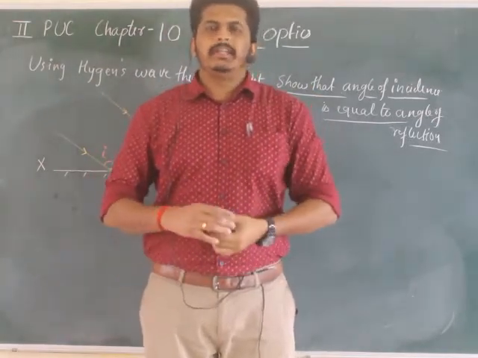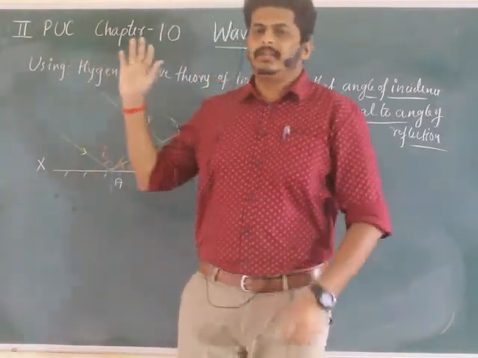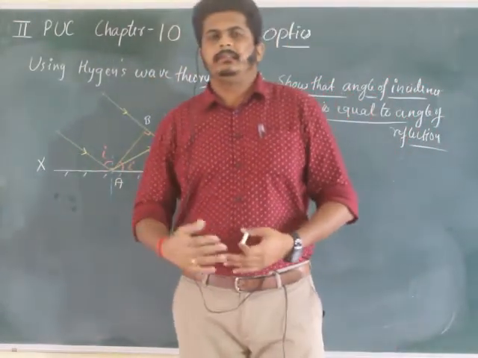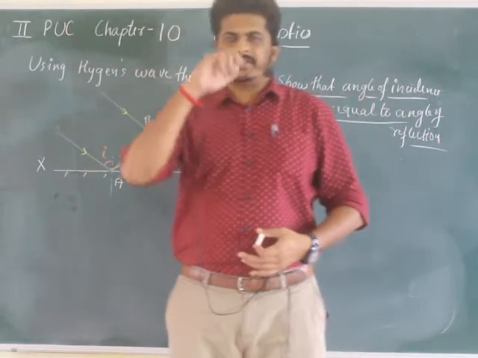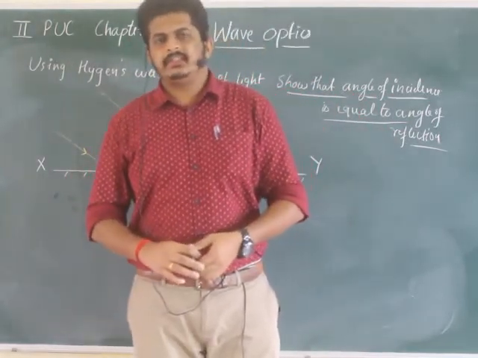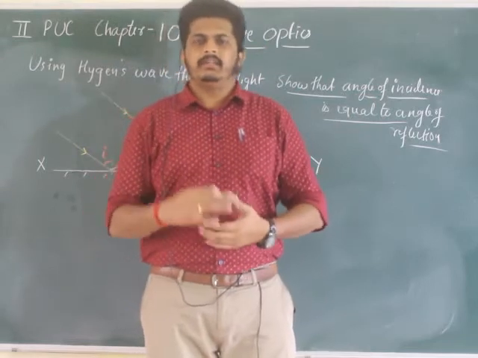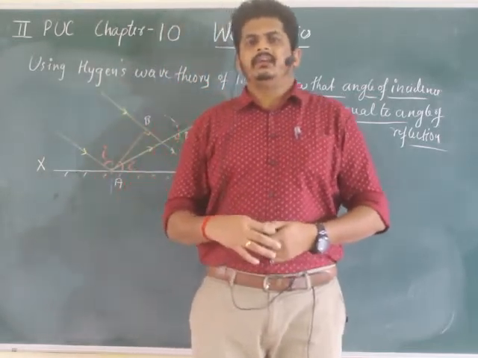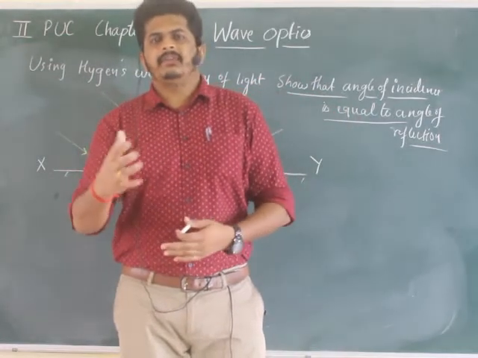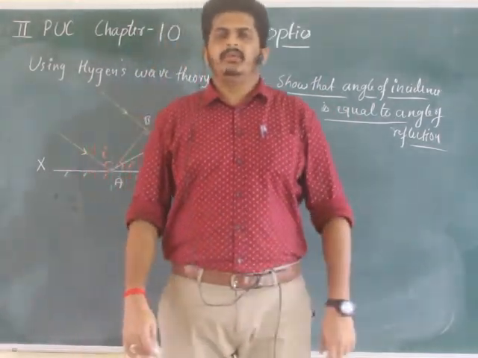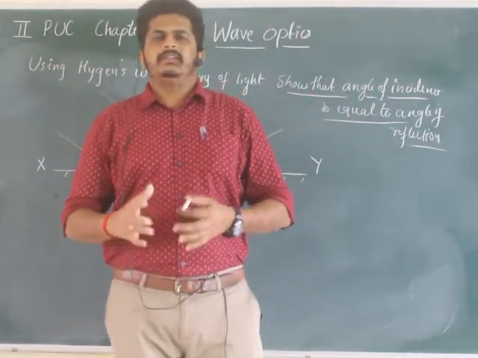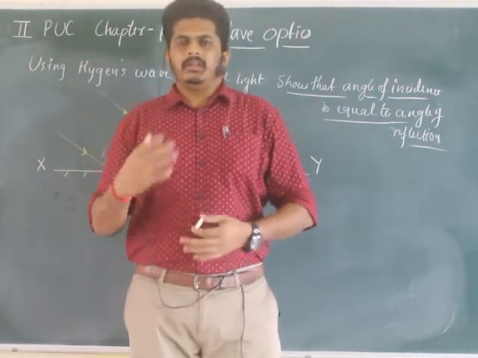So in the earlier video regarding the topic chapter 10 wave optics, we began to discuss the introduction. Different types of discoveries, and later on different theories given by different scientists, we have discussed, and apart from that some concepts like wave, how it is explained initially, like Huygens wave theory.